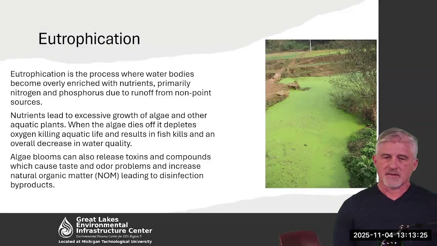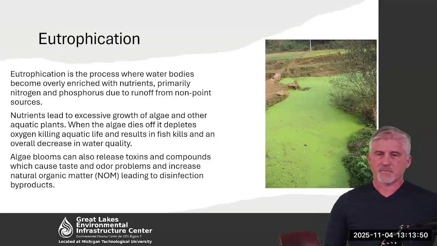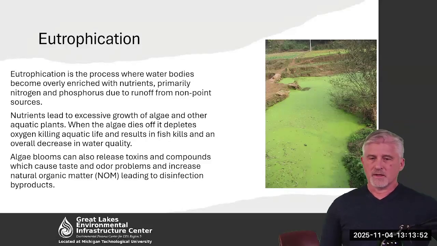They're going to take that up and prosper in that water body, and so that can cause problems. When the algae dies off, it has the potential to cause fish kills, and we typically see a reduction in the quality of the water. Algae blooms can also cause problems when they die, and they release compounds that cause taste and odor concerns.